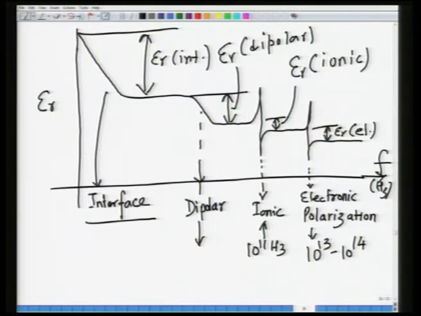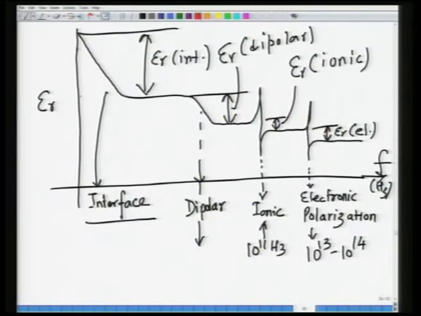And this will happen at very low frequencies. So, this is how the dielectric constant versus frequency plot is going to look like. So if we just elaborate this point further, you can draw lines which illustrate this point clearly.